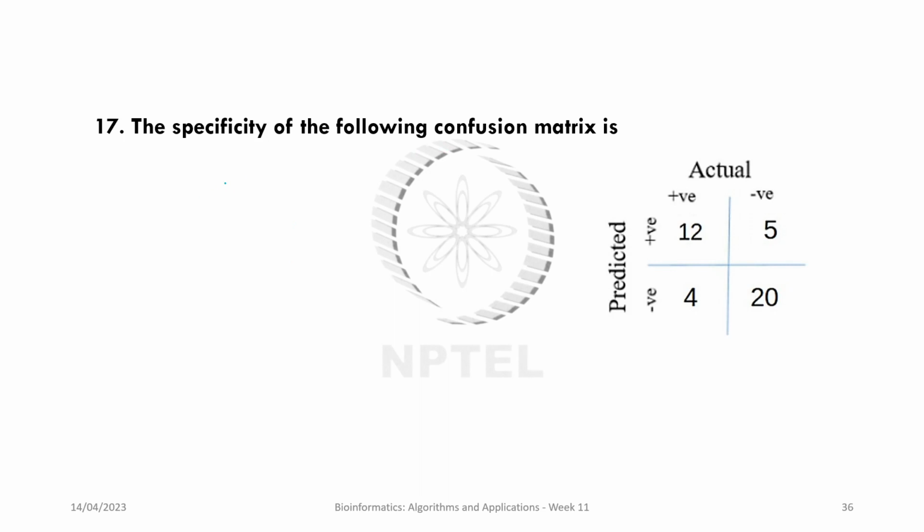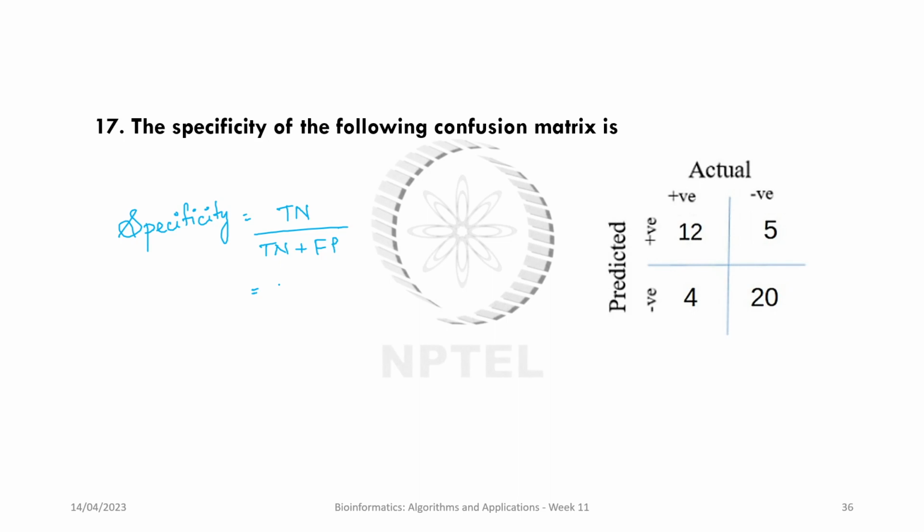Question 17. The specificity of the following confusion matrix is. What is specificity again? The negatives, right? True negatives plus false positives. Are you sure, Rohini?